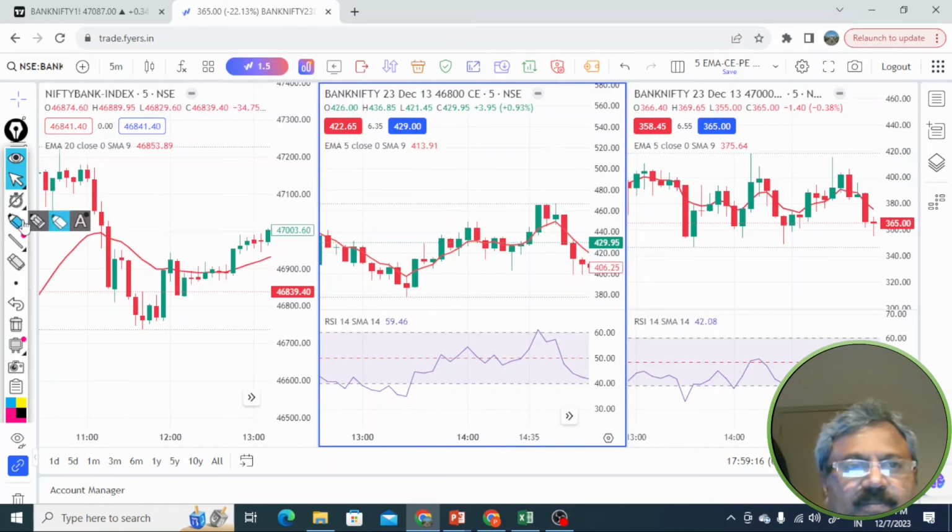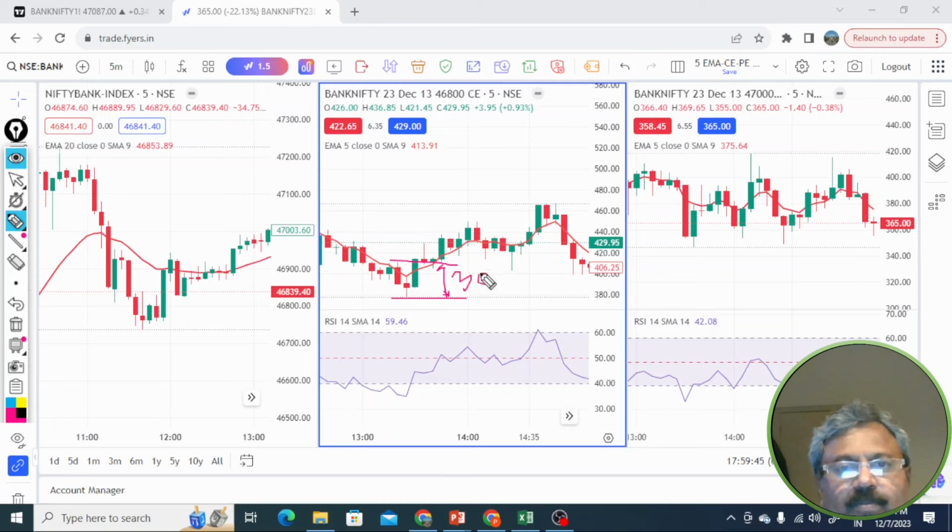So your entry is here and the stop loss is here, which is 30 points, and the target can be at least a minimum of 1:1.5, which is 50 points. 410 plus 50 points is 460.